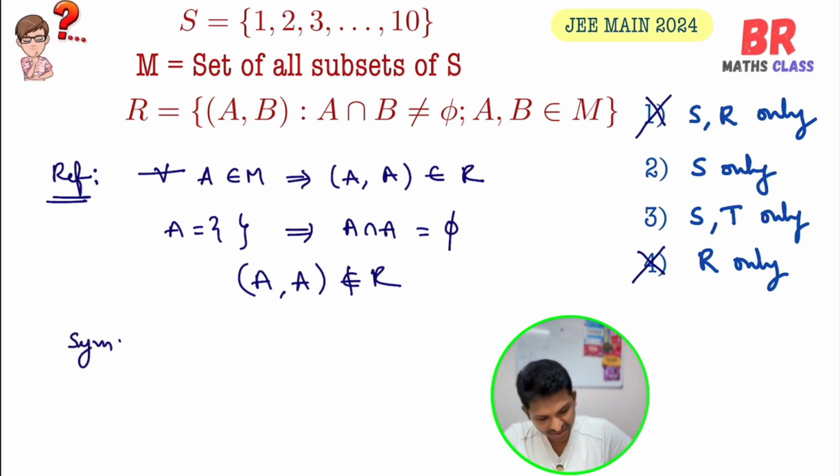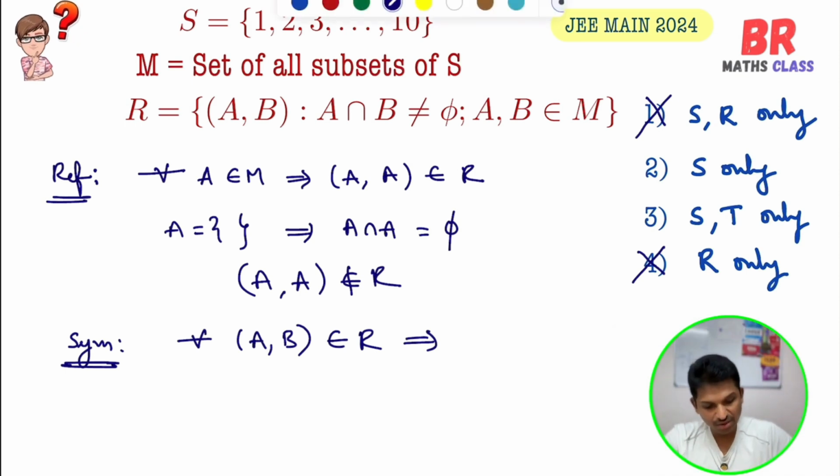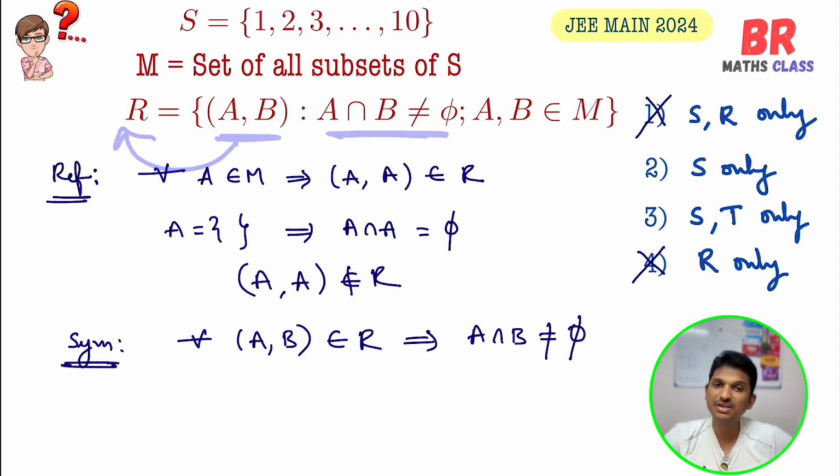Now I'll check the symmetric condition. What is the symmetric condition? If you take an ordered pair (A, B) in the relation, then you need to look whether (B, A) also belongs to that relation or not. So if (A, B) belongs to R, what do you know? You know that A intersection B is not a null set. That is the point now. If the ordered pair (A, B) belongs to R, then A intersection B is not a null set.